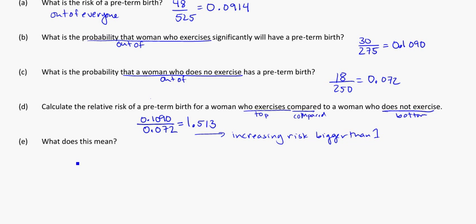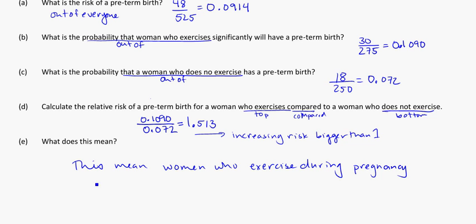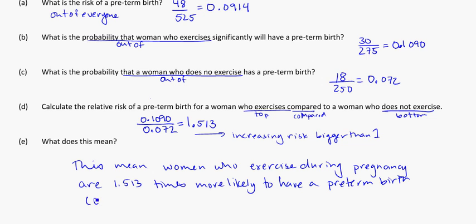So we can say this means women who exercise during pregnancy are 1.513 times more likely to have a preterm birth compared to women who do not exercise.